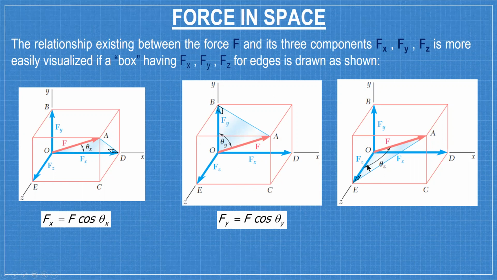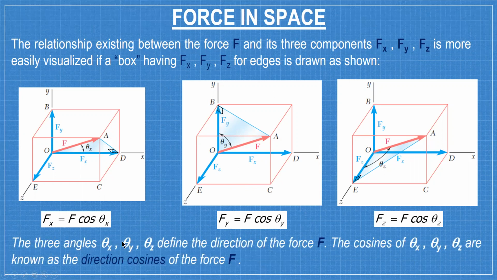So the result is Fz, adjacent to the angle theta z. The three angles, theta x, theta y, theta z, define the direction of the force F, or direction angles. While cosine theta x, cosine theta y, cosine theta z are called the direction cosines of the force F.